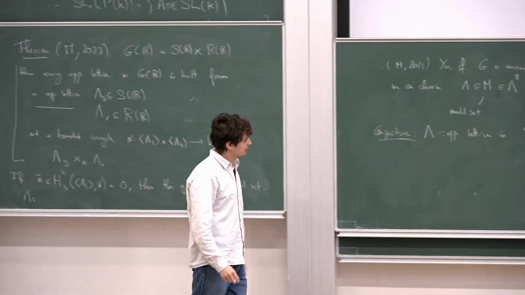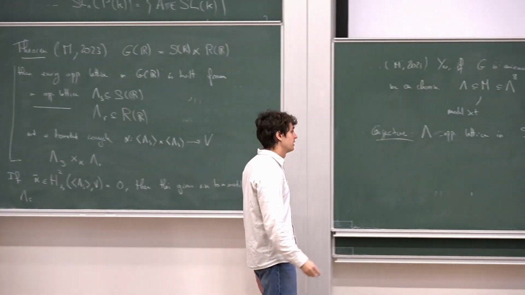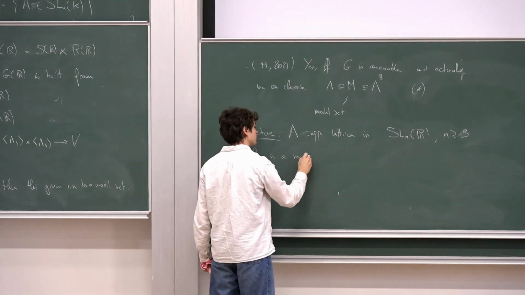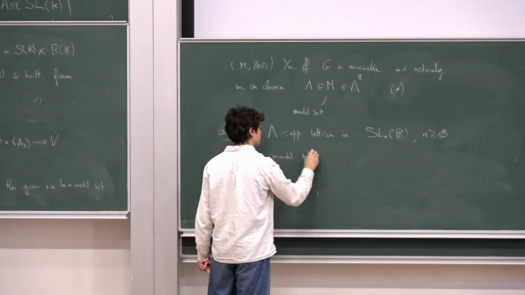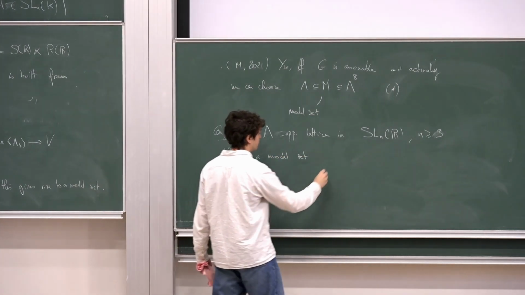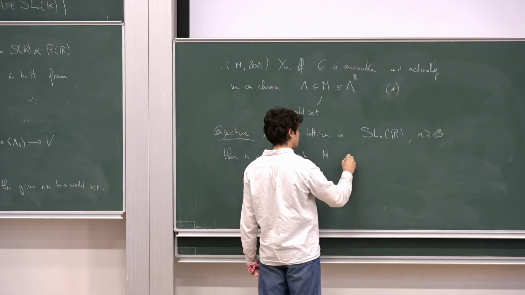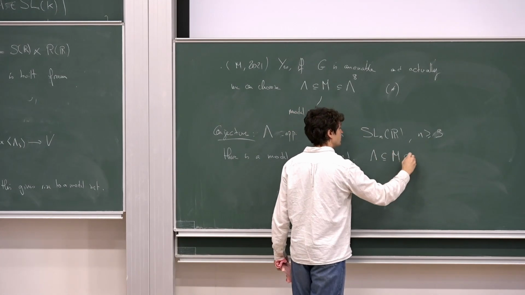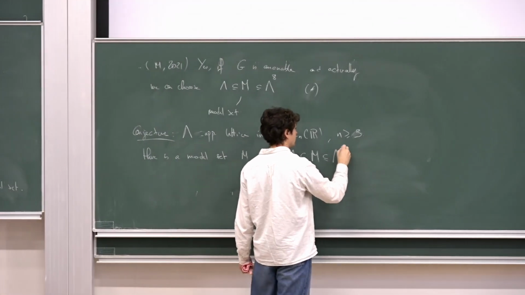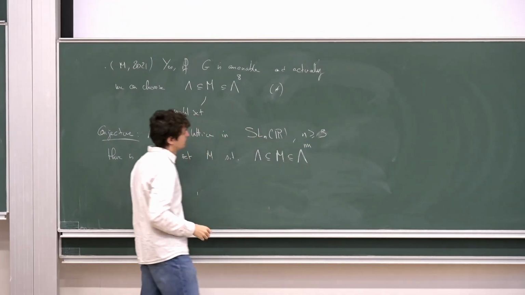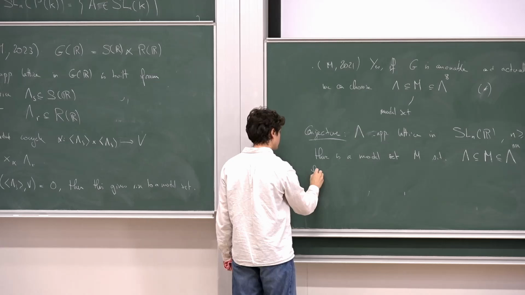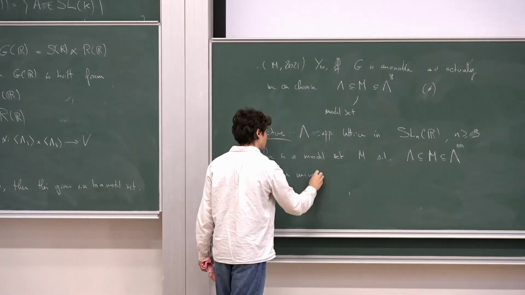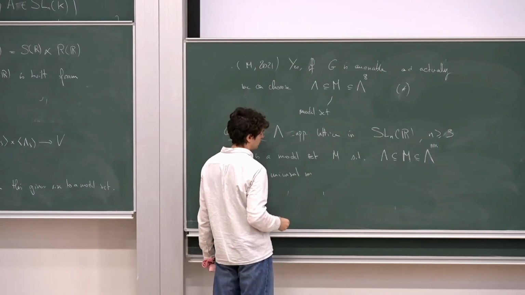Okay, if lambda is an approximate lattice in SL_n(R), there is a model set M such that lambda is contained in M, which is contained in lambda to the small m for some universal m.